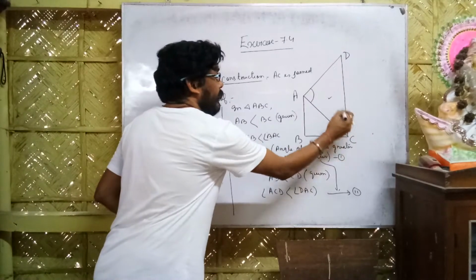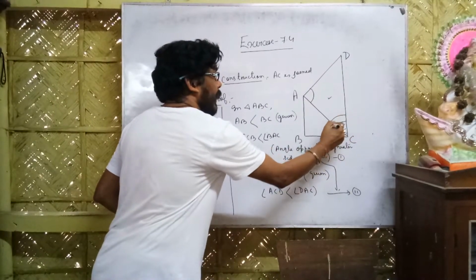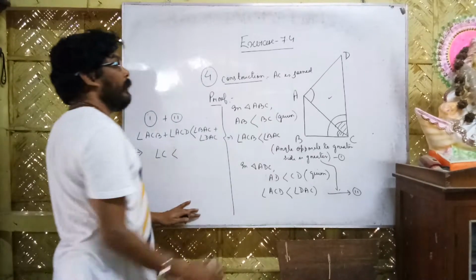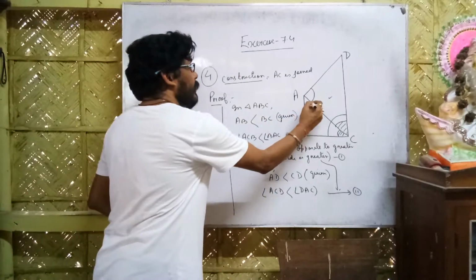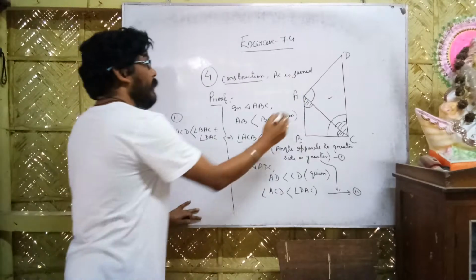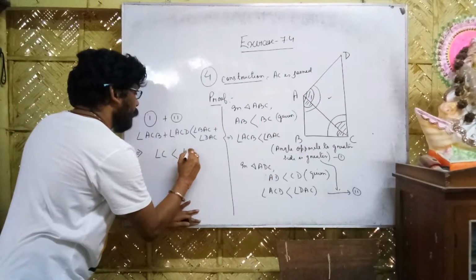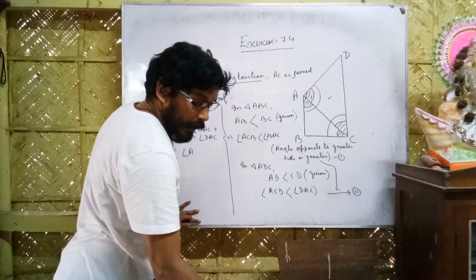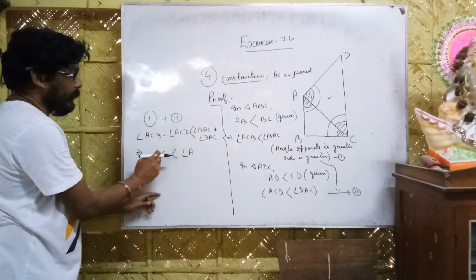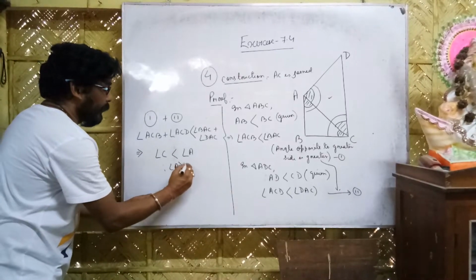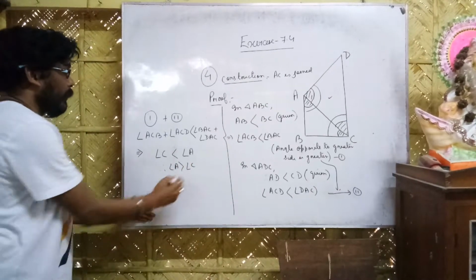ACD, this one. If I add up, I will get the complete angle C. So this is angle C less than BAC, this, plus DAC, this one. If I add up, I'll get complete angle A. So this only I have to prove, angle A greater than angle C. You see, angle A is greater than angle C. Okay, so you can arrange it and write angle A greater than angle C.